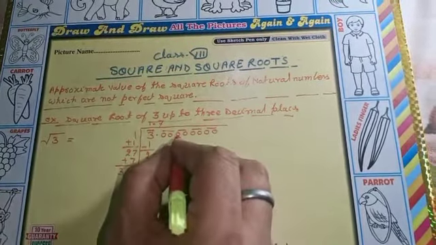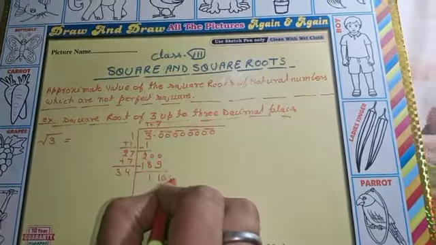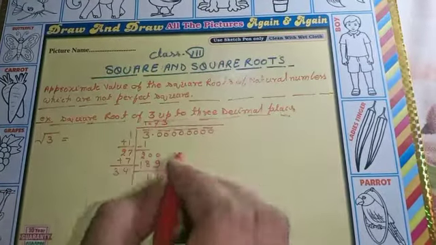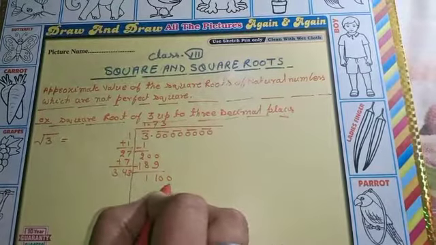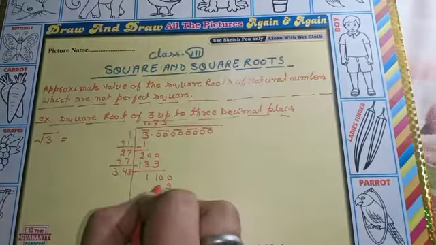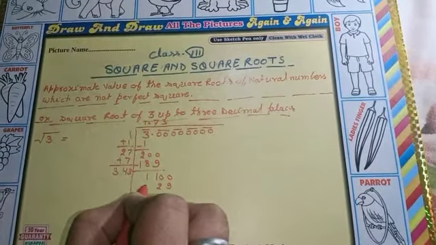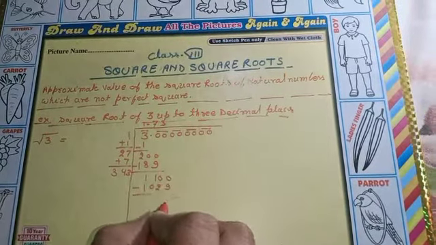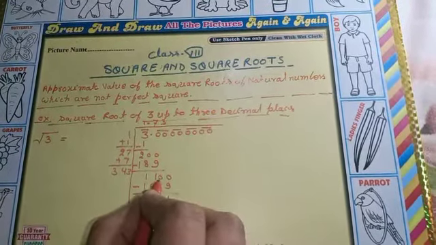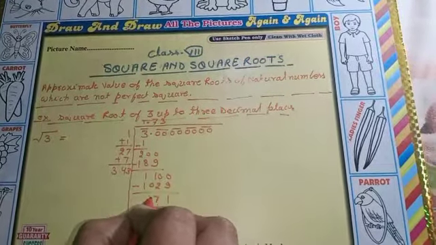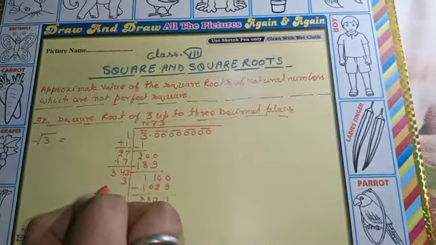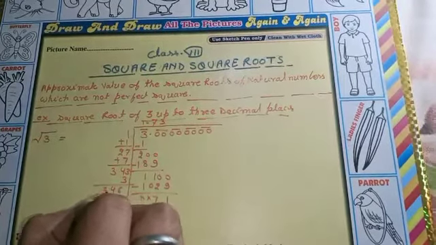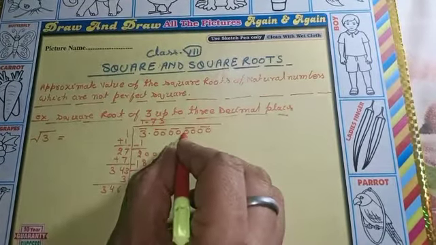Now the next pair is 0. Now divide: 3 times 3 is 9. Make subtraction: 71. 3 plus 3. Now the second pair.